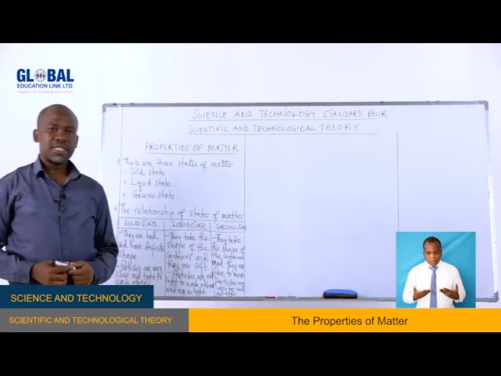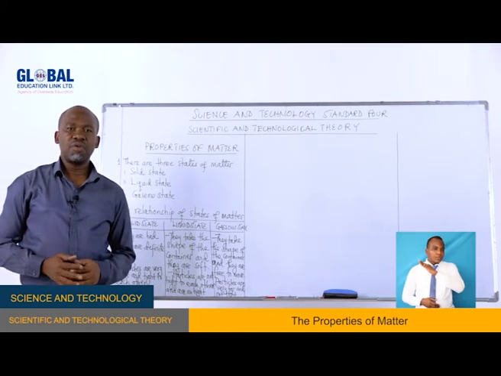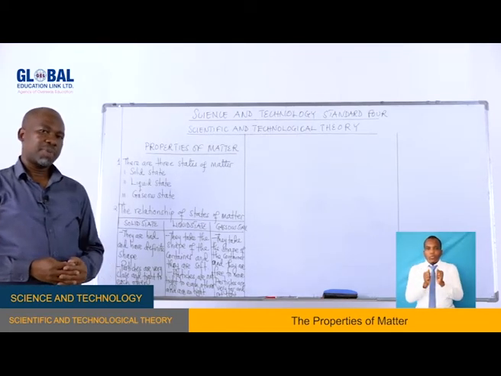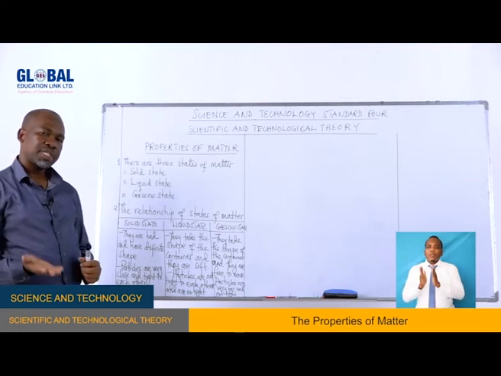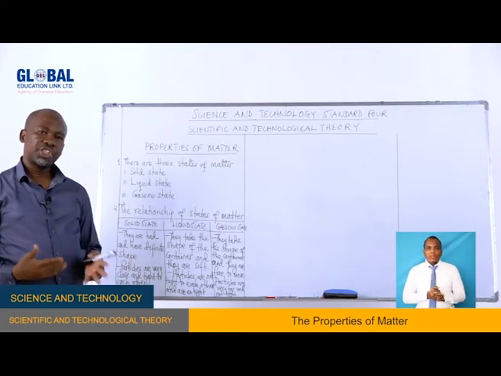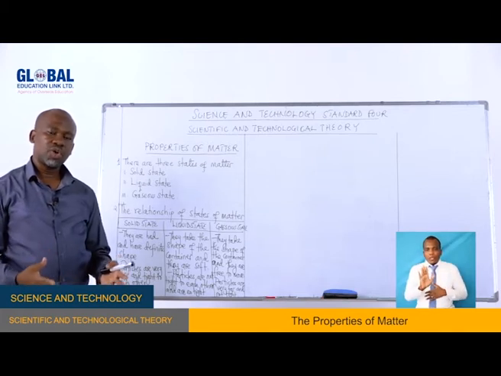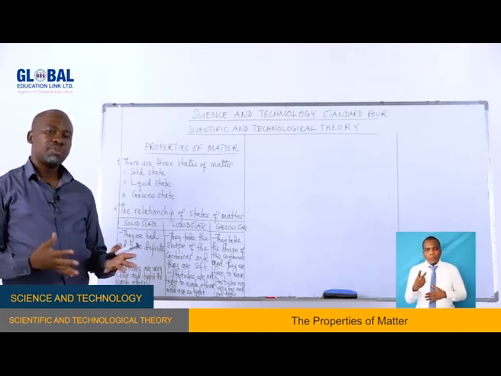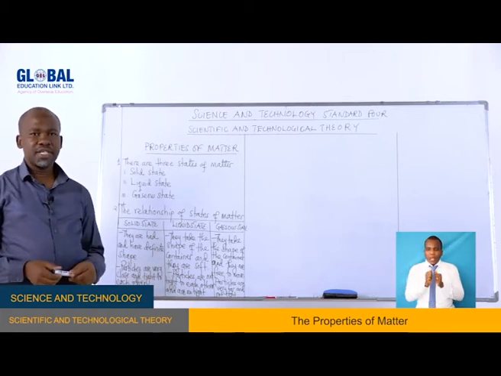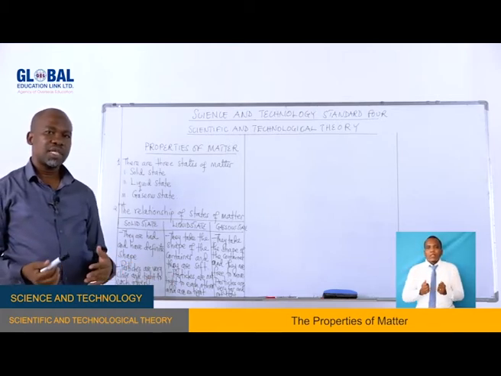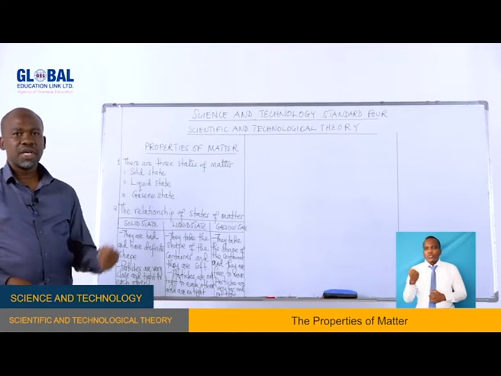Now, these are states of matter and their properties. We have seen the first property is about the shape, and the second property is about the particles which make that state of the matter: solid state, liquid state, or gaseous state.